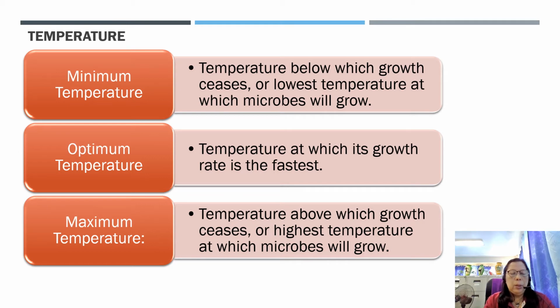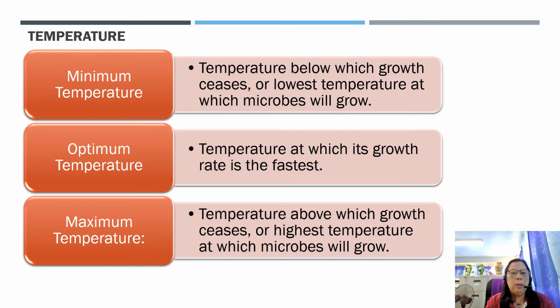Now, let us try to look and differentiate the different temperatures for microorganisms. We have the minimum temperature, optimum temperature, maximum temperature. As we have made mention, minimum temperature is the temperature below which growth ceases, or it is the lowest temperature at which microorganisms will grow.